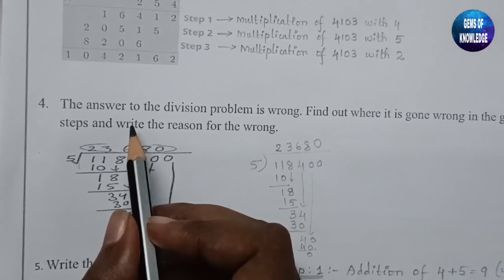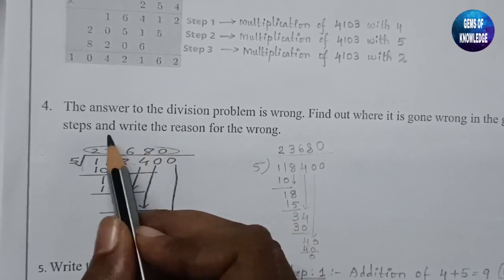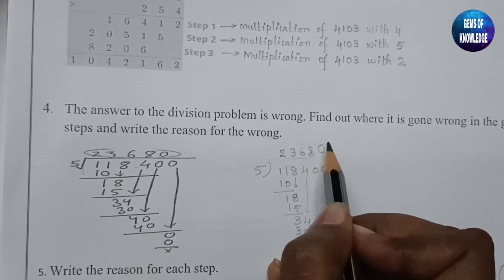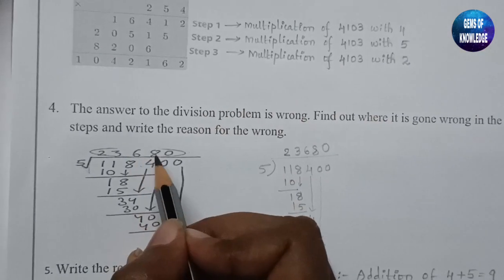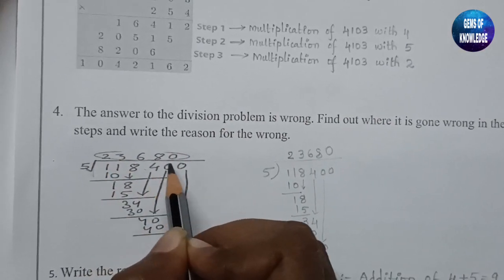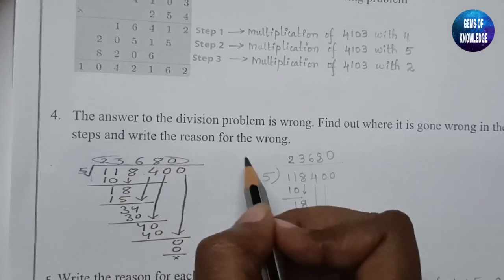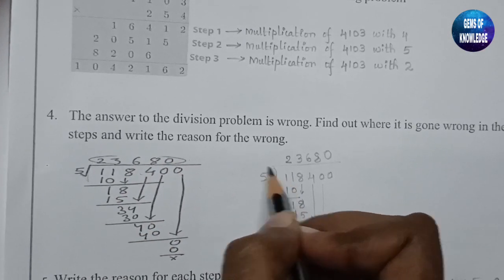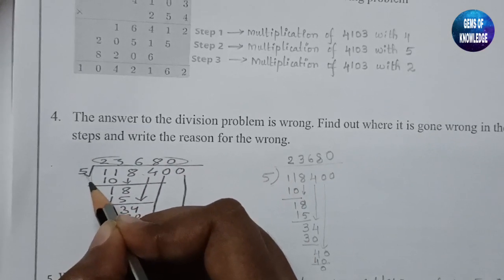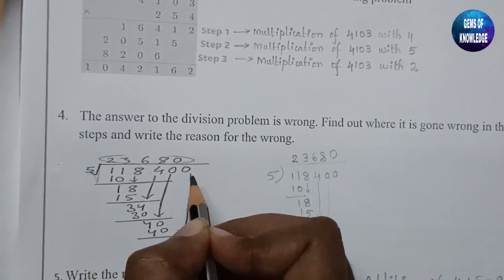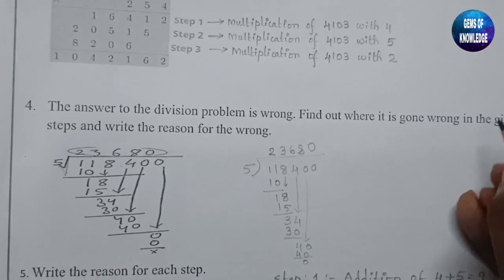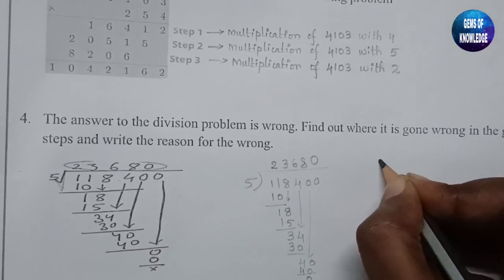So this is the reason why we are not getting the correct answer. Even though we get the correct answer after division, they have told us that this answer is completely wrong, because here instead of this sign it is given like this. You can see, which shows this is the root of 118400.